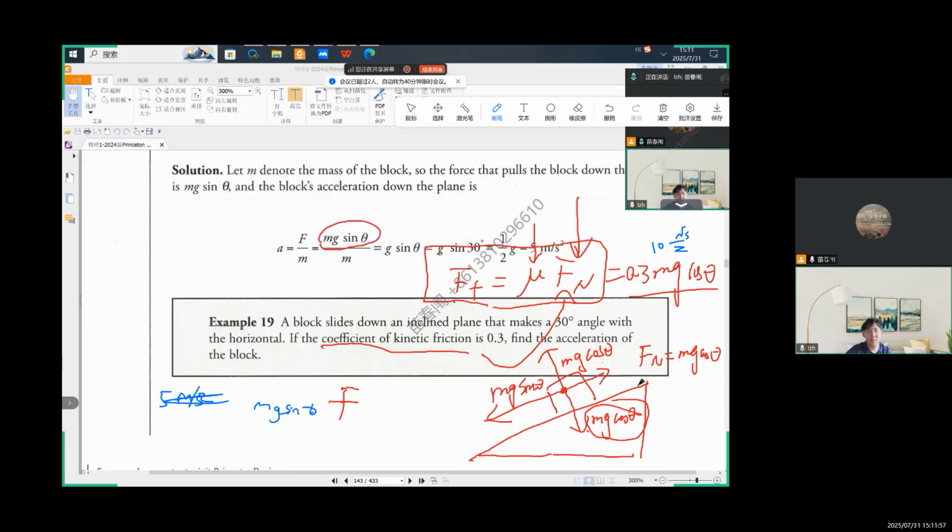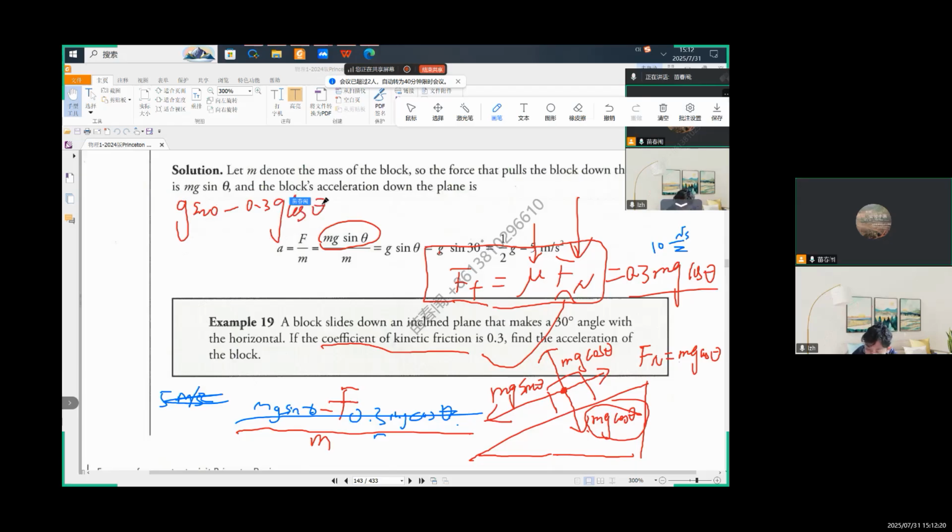No, you have to subtract the friction this time, right? The friction is just 0.3 mg cosine theta, and divided by m. You see? Divided by m, and all the m simplifies. So you can say it's g sine theta minus 0.3 g cos theta.